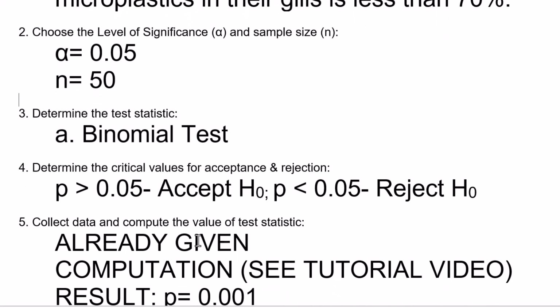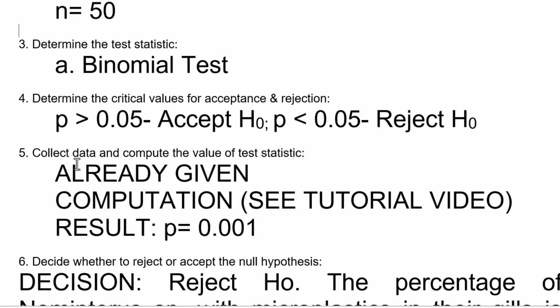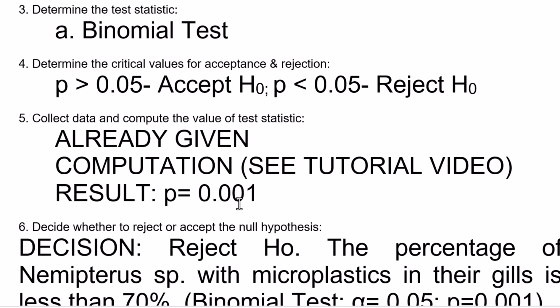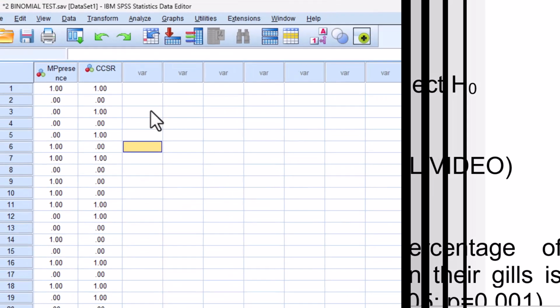For the critical values, accept HO if P is greater than 0.05, and reject HO if your p-value is less than 0.05. And 5, you collect data and compute the test statistic. So it's all here, and I'm doing the computation right now.